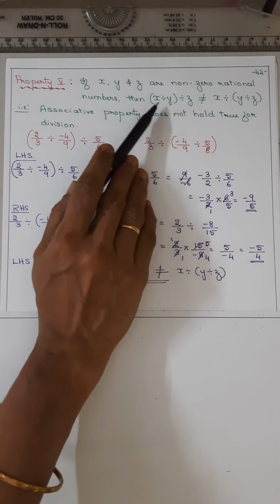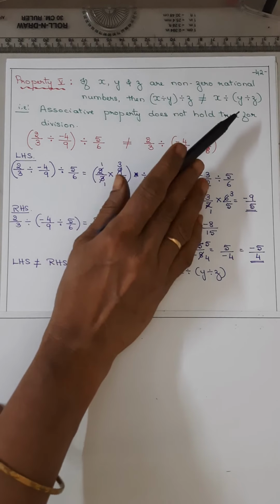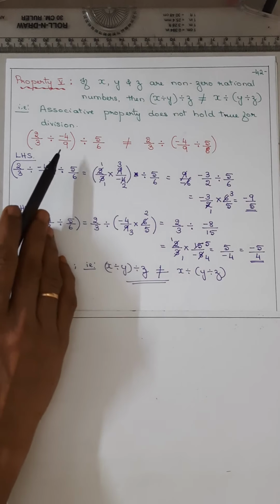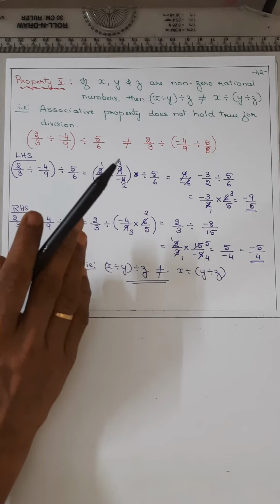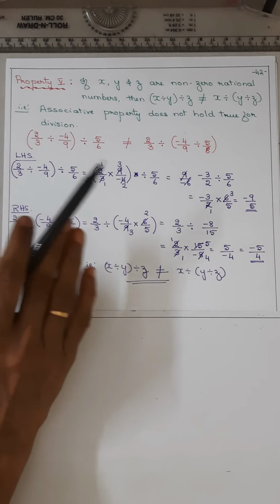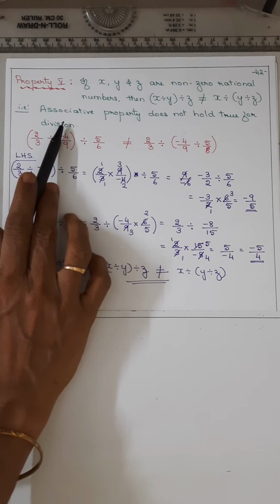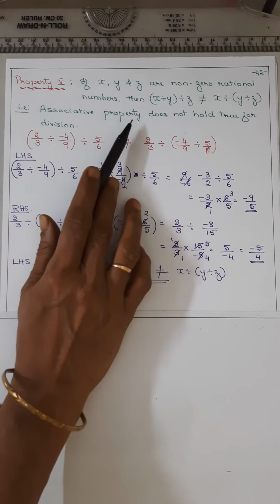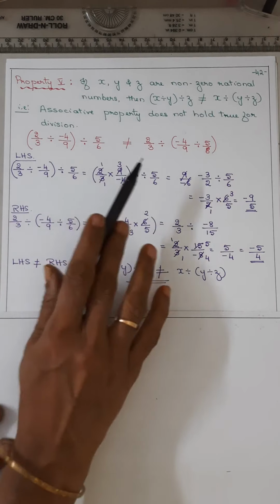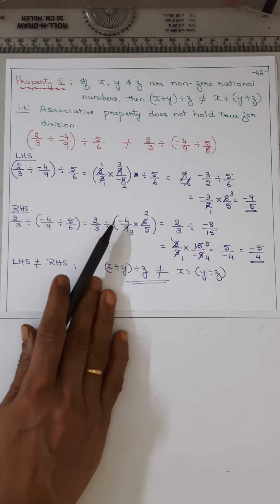Means first and second together, and then second and third together. What is this property? 3 rational numbers arranged in a different order, then it is the associative property. So the associative property does not hold true for division.